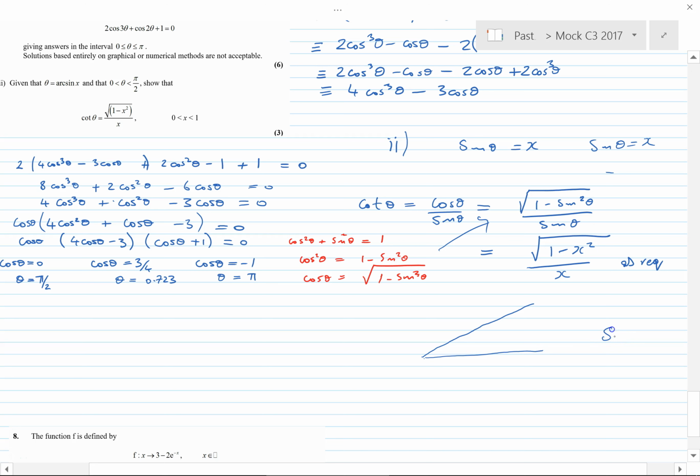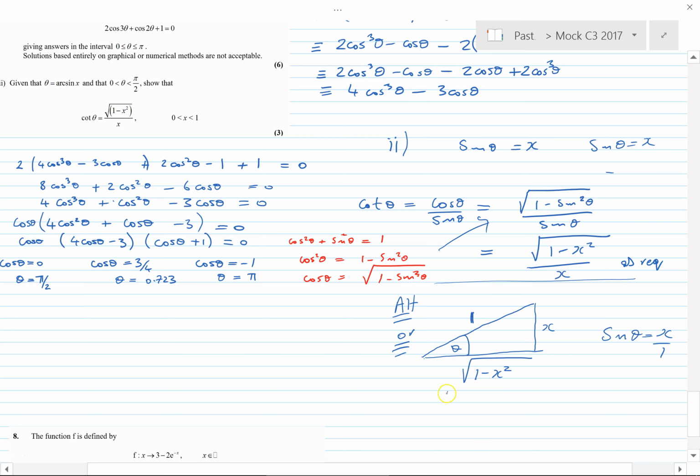So we've got sine theta equals x over 1, opposite over hypotenuse, and mark a length there as 1 and the length there as x. I can say that this is square root of 1 minus x squared using Pythagoras' theorem. I don't have to do both of these, by the way, so that's an alternative.